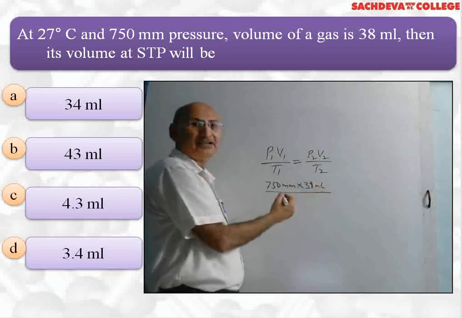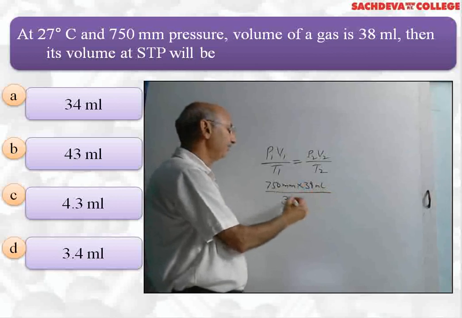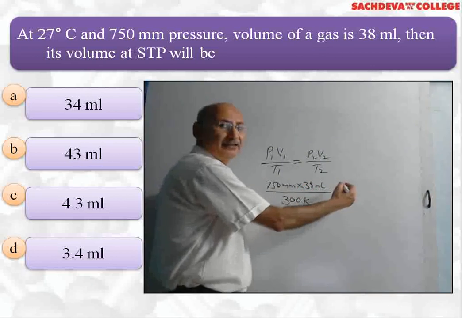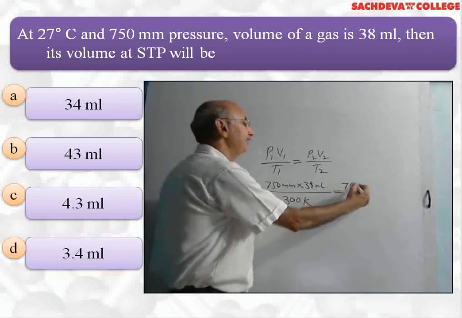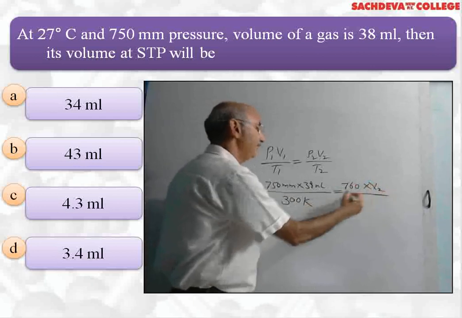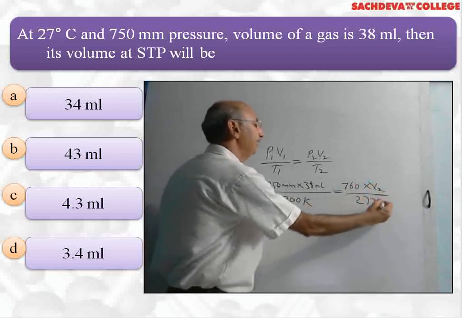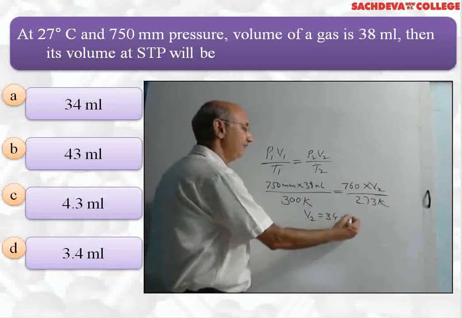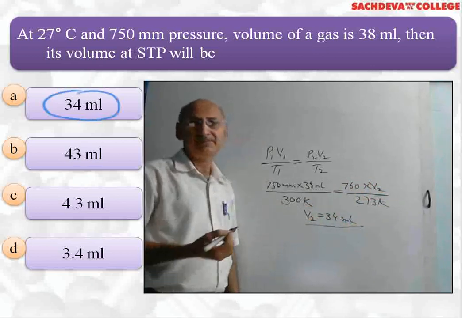Whereas initial temperature is 27 degrees centigrade, which will become 300 Kelvin. Final pressure at STP is 760 mm. Volume we want to find out. Temperature is 273 at STP. V2 comes out to be 34 ml. So the correct answer is A part.